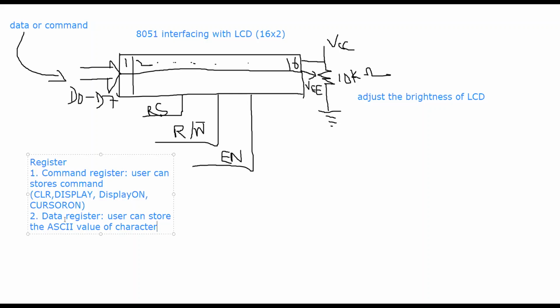So there are mainly two types of registers in the LCD: the command register and the data register. The command register is to store commands like clear, display on, cursor on. The data register, on the other hand, is used to store the ASCII value of the character.